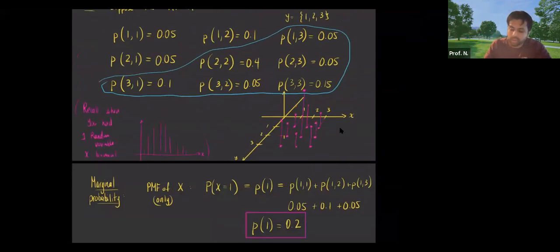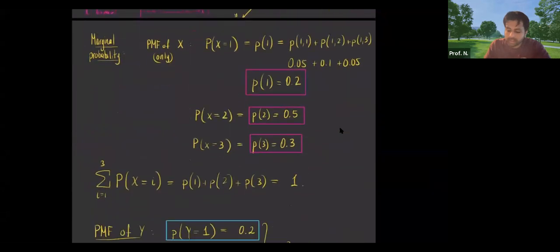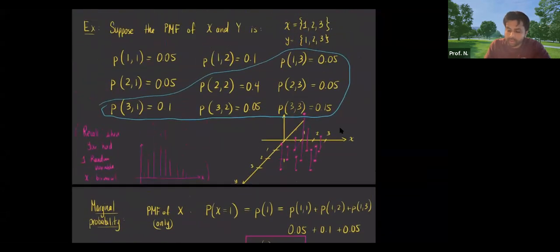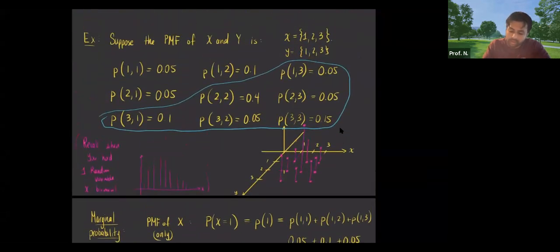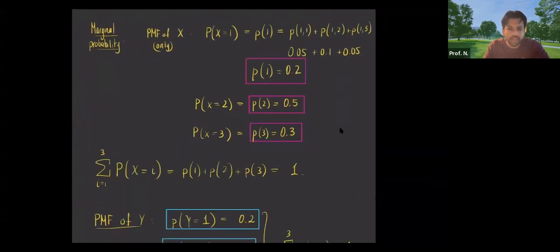So I exhaust all the values for Y, but keep X fixed. Then that's exactly what I would do for 2. To find the probability that X equals 2, I toggle through all the Y values, 1, 2, and 3, and keep the X value fixed. And I did the same thing for 3, and so on.